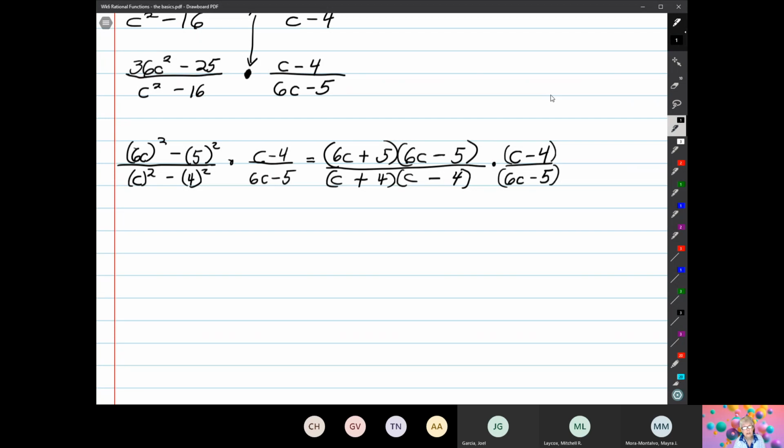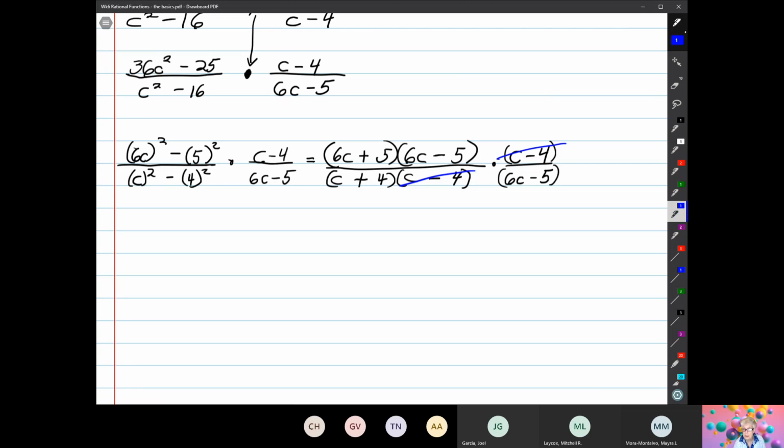You don't have to though, because fraction bars group together what's on top and what's on the bottom. Okay, C minus 4 will cancel C minus 4. See, I'm not necessarily going left to right. I'm also going by what's the most visible, and C minus 4 just sticks out.